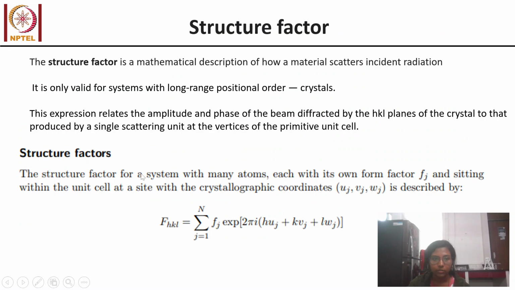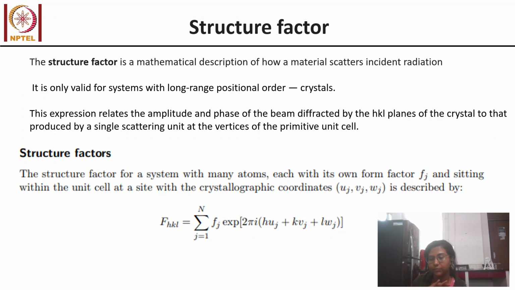Now, the structure factor for a system with many atoms. If there is a plane with many atoms, suppose in the same plane there can be a metal atom and a carbon atom. Obviously the metal atom will scatter more than the carbon atom.